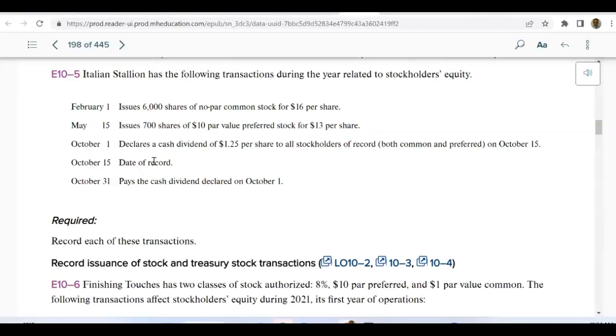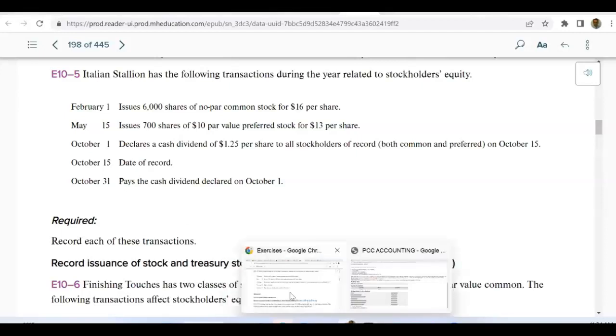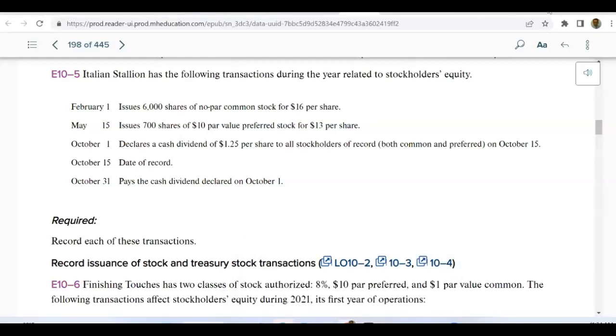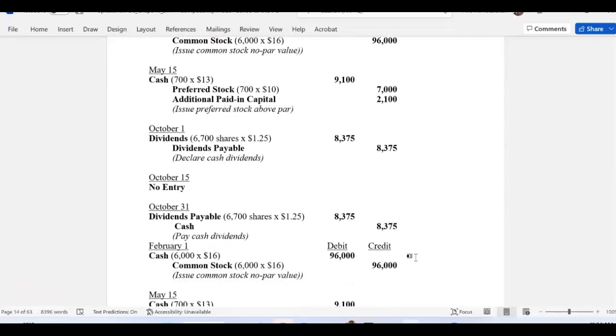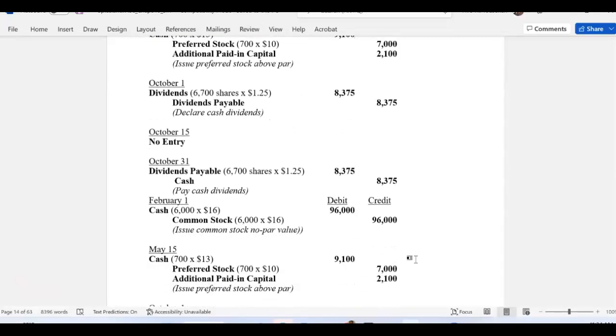That's it. But two weeks after that, on October 31st, the company is paying the dividend that has been declared already. So that's a journal entry, because they're going to pay for that. So on October 31st, dividend payable is $1.25 times 6,700 shares, that's $8,375, and cash will be credited.